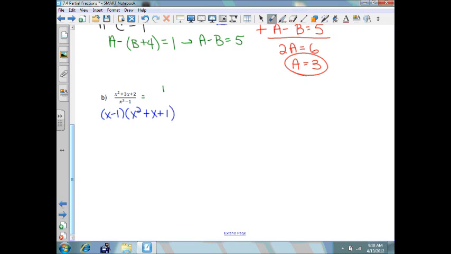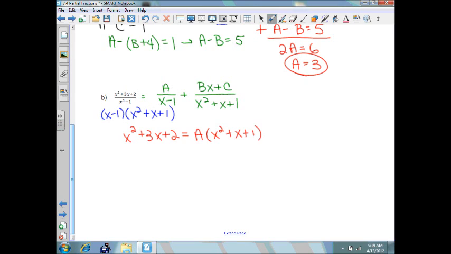So when you do this, we'll have A over x minus 1 plus Bx plus C over x squared plus x plus 1. Which means you'll end up getting x squared plus 3x plus 2 is equal to A times x squared plus x plus 1 plus Bx plus C times x minus 1.